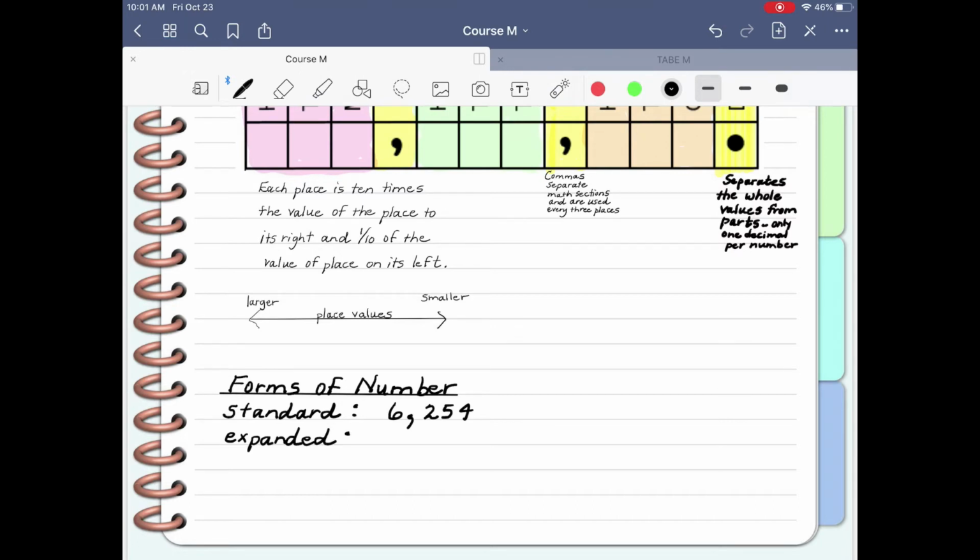This is a number form that shows the place values. So I have 6 thousands, 2 hundreds, 5 in the tens place, and 4 in the ones place. 6,254.